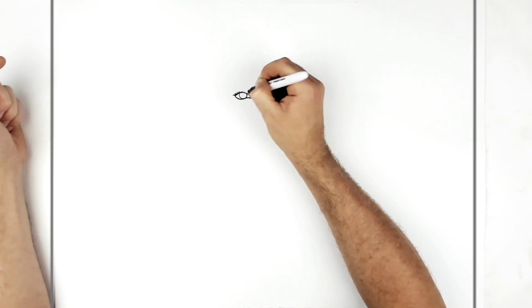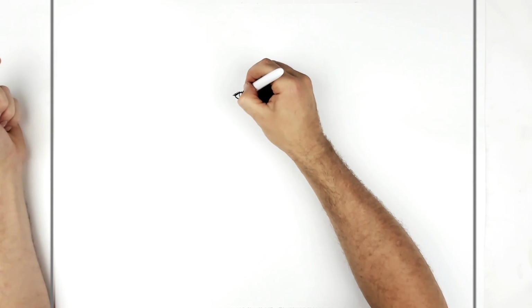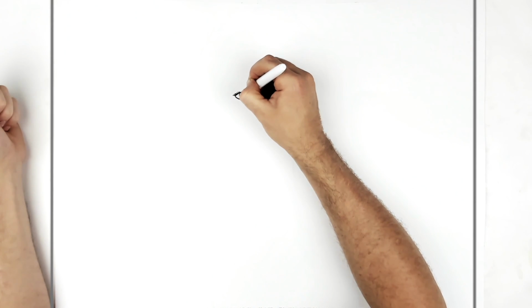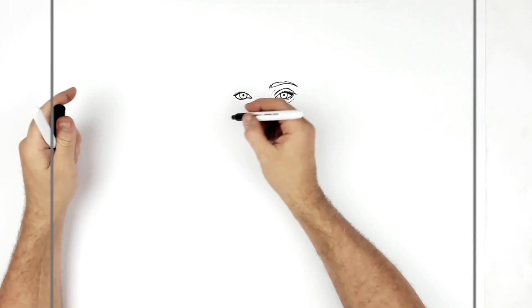And just curving around there, and her pupil in the middle. You want to make them about the same size on both sides.